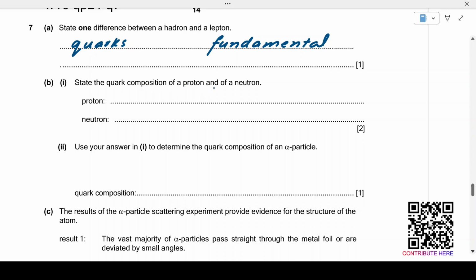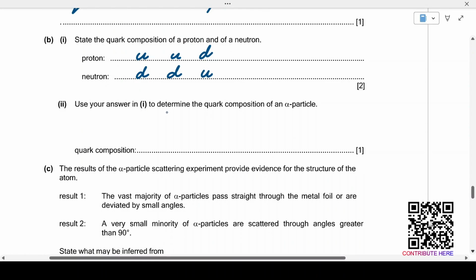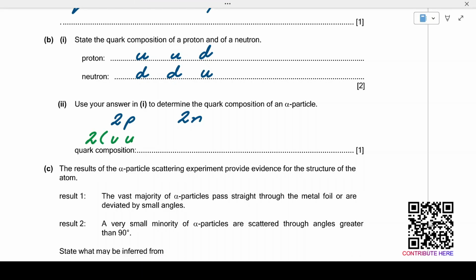State the quark composition of a proton and neutron. Proton is up, up, down. It should have been memorized by now. Neutron is down, down, up, or up, down, down. Determine the quark composition of alpha particles. So alpha particles contain 2 protons and 2 neutrons. A single proton consists of 3 quarks, up, up, down.